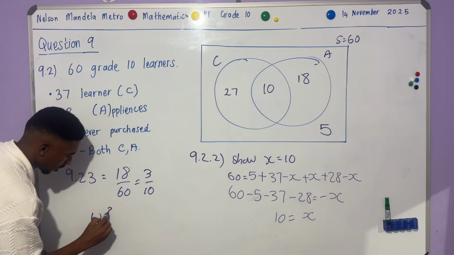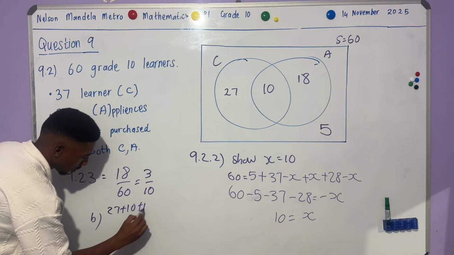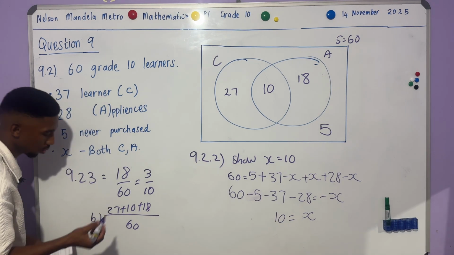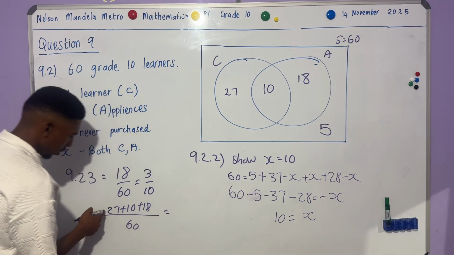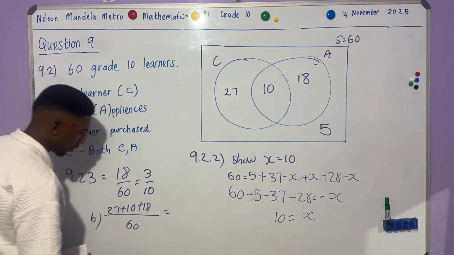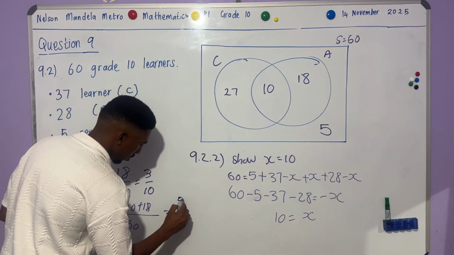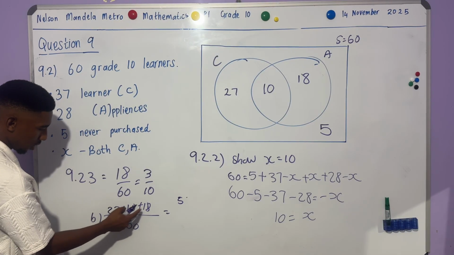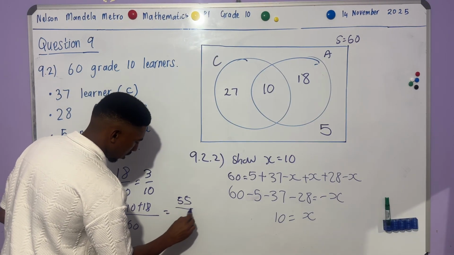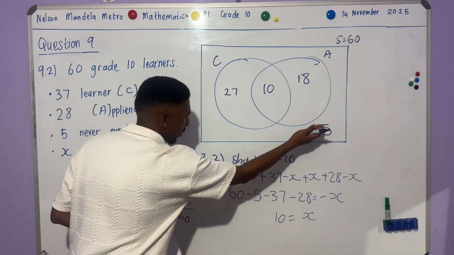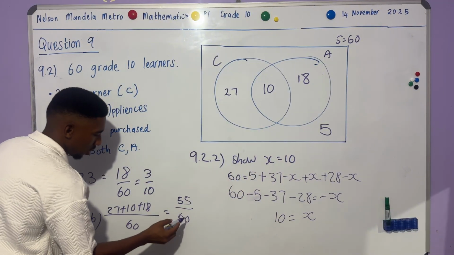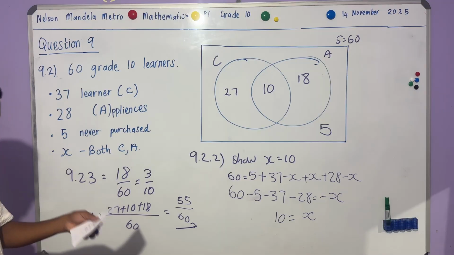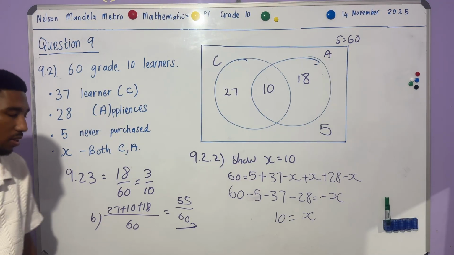So it's 27 plus 10 plus 18. And we should know why it's all over 60. That is the total amount of people. So 27, that's 37, that's 47, 55, sorry, over 60. That's so silly because 5 are not buying anything online. Yeah, very tired. Let us end the day. So purchased at least one of the products online, 55 over 60.